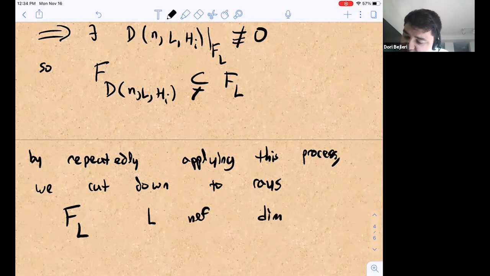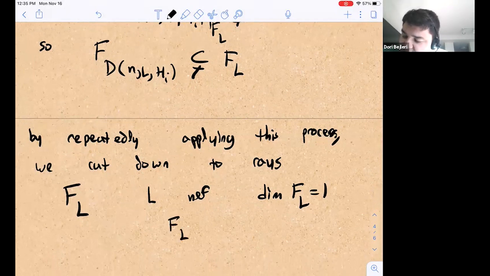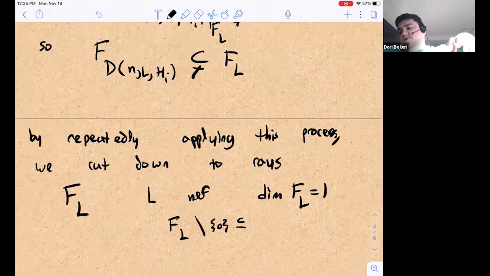The dimension of FL is one-dimensional, and FL minus 0 is contained in the strictly negative part. That was our property for FD. So even if FL intersected the K0 part, we did this perturbation so that FD was in the strictly negative part.